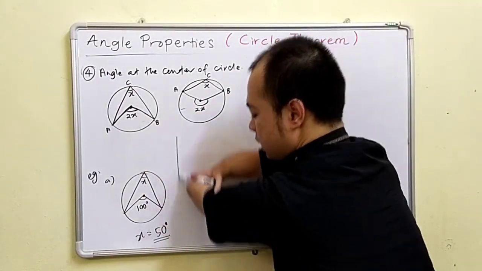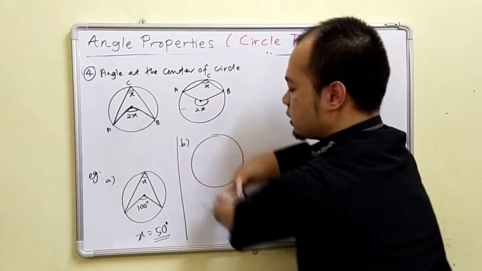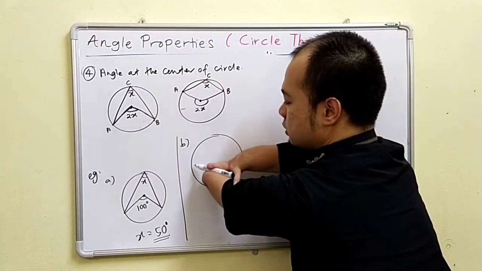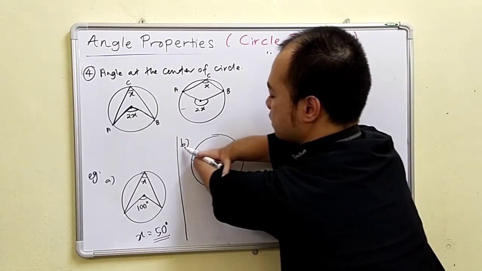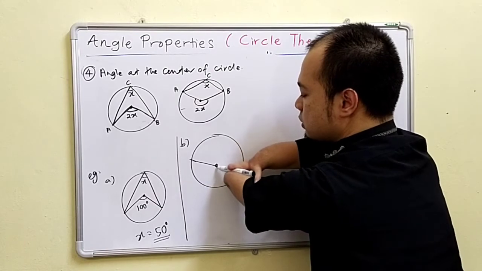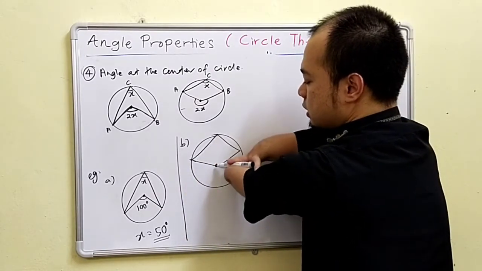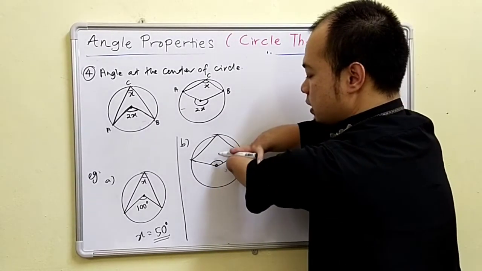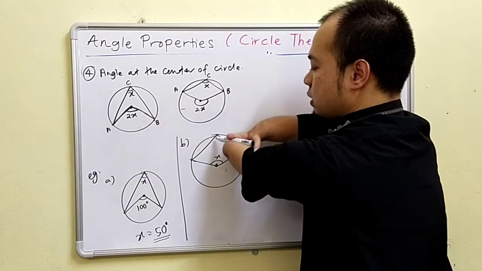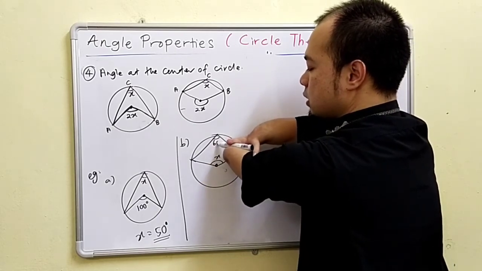Example like this. You see the circle, so go to the center. Let's say the angle over here I want to put x, and the angle over here is 60 degrees.